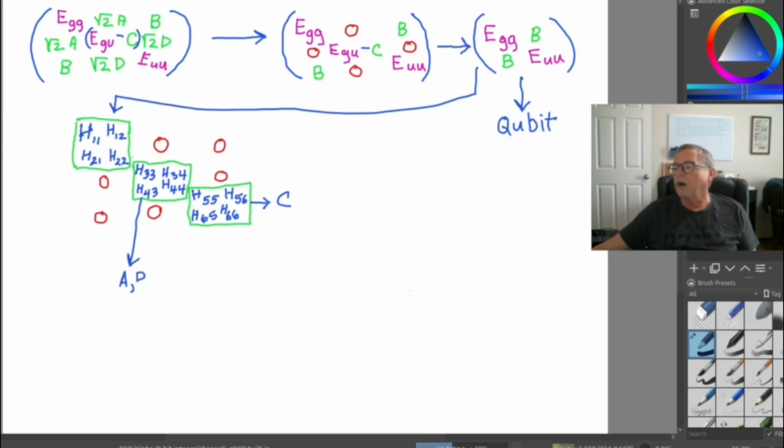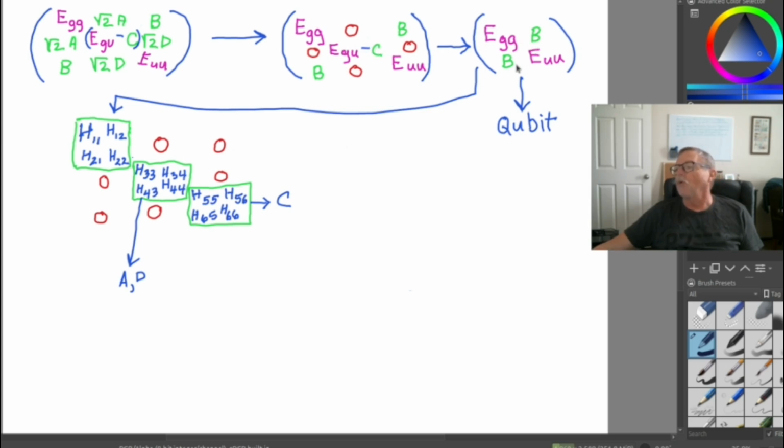It's taking a while to come into play here. But here we go from this one to this one. And notice I made a 0 out of each of those A's and D's because they have very small effect except in higher energy orbitals. So this all comes down to this form where the EGU minus C disappears.